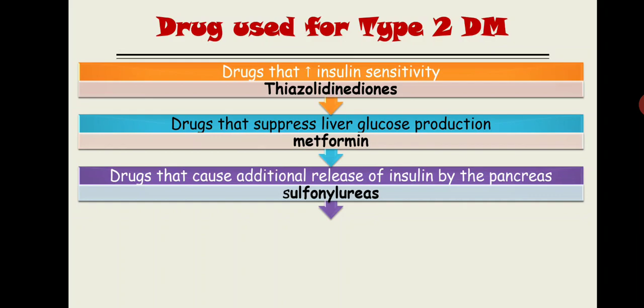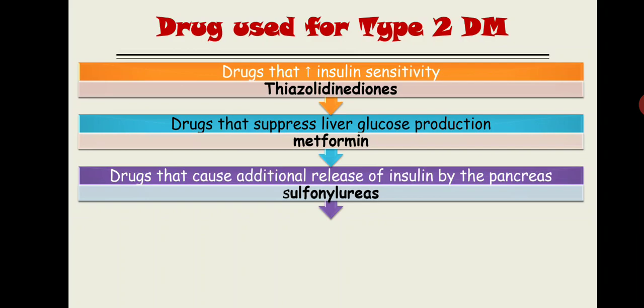So ultimately sulfonylureas lead to accumulation of potassium inside the beta cell. Once the potassium accumulates, it leads to depolarization of the cell. That depolarization leads to opening of the voltage-gated calcium channel, which leads to increased calcium influx, and that ultimately leads to exocytosis of the secretory vesicles of the beta cell that contain insulin. Right, this is how the sulfonylureas work.